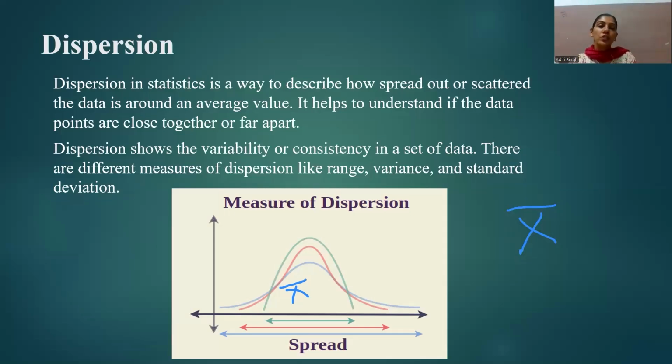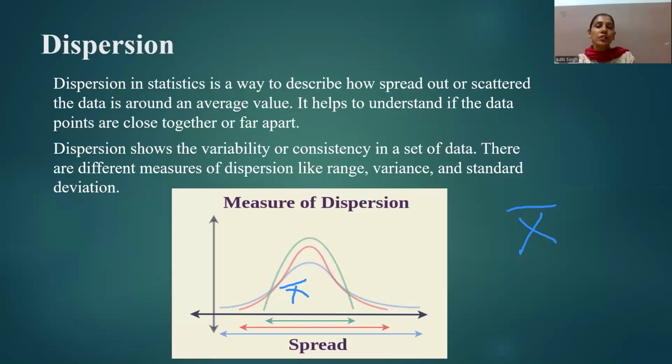Dispersion in statistics is a way to describe how spread out or scattered the data is around an average value. It also helps to understand if the data points are close together or apart.